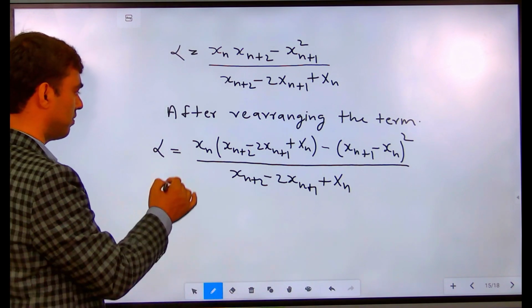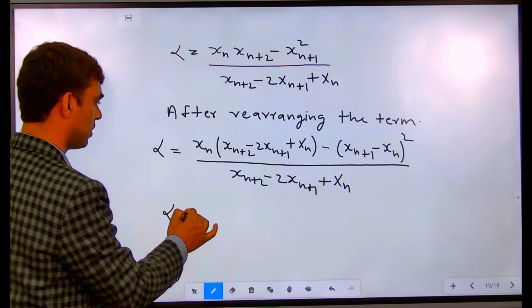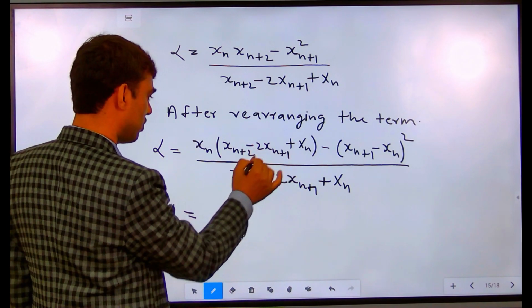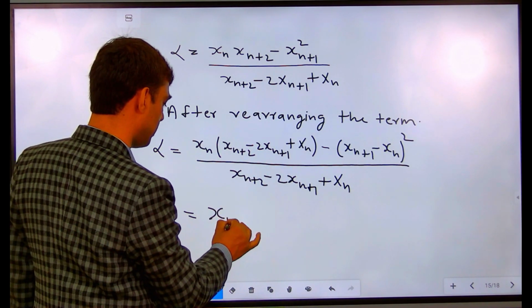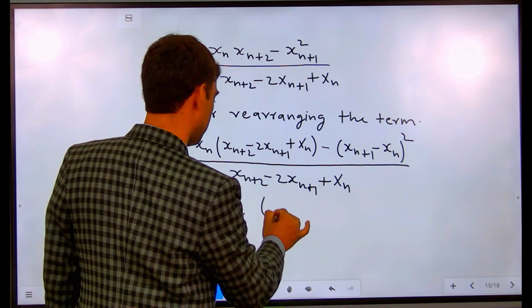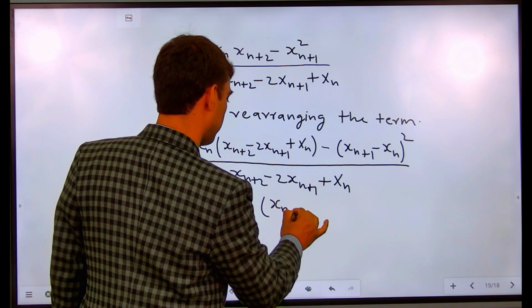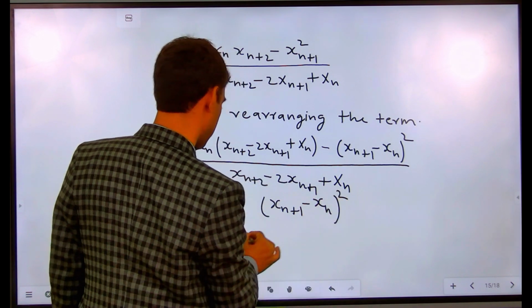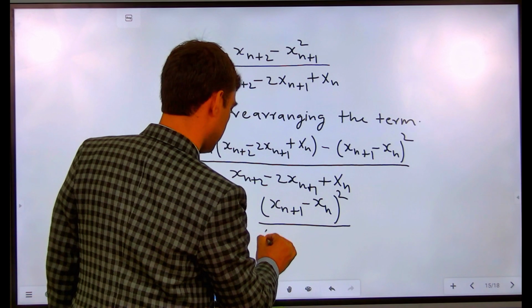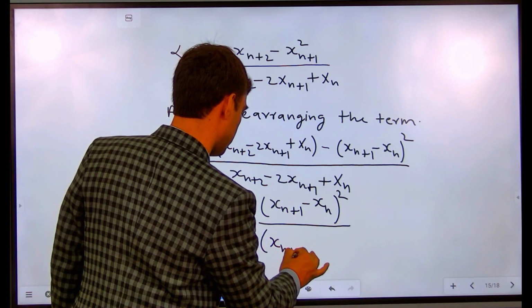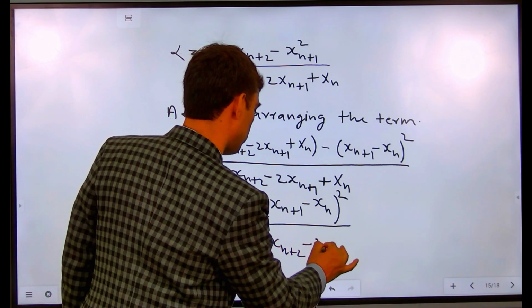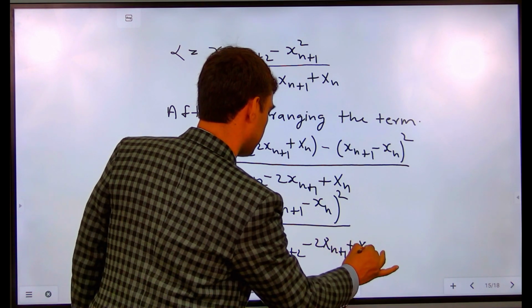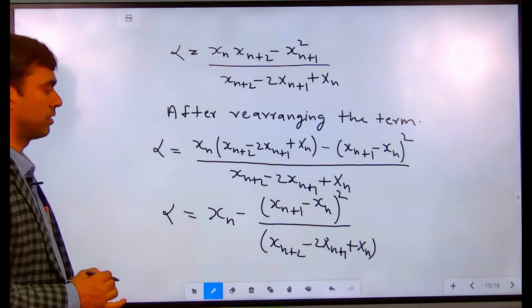If we simplify this one, then alpha becomes, the first term cancels out, xn minus (xn plus 1 minus xn) whole square divided by (xn plus 2 minus 2 xn plus 1 plus xn).